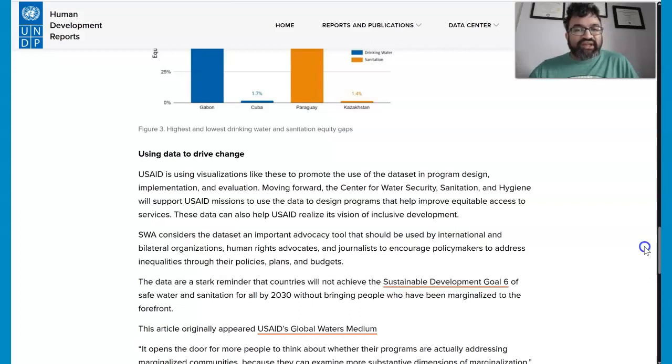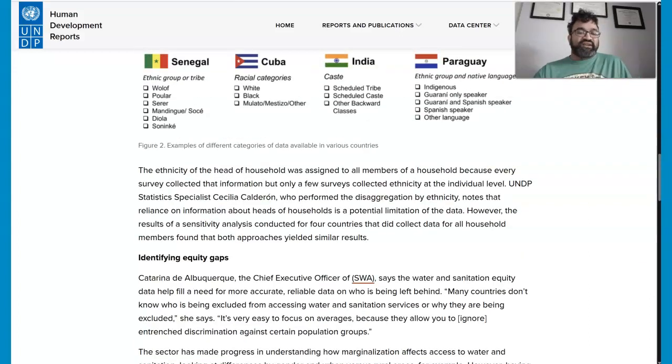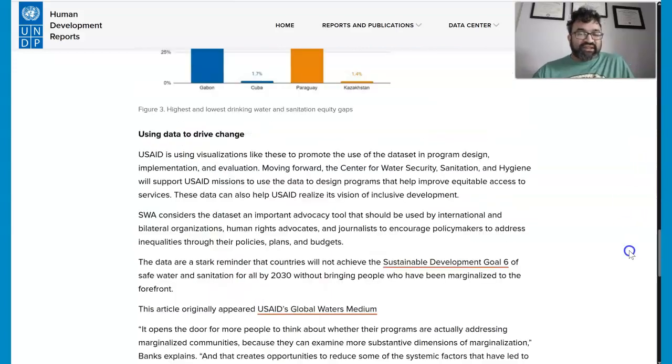This is all an indicator, and I've written a lot about Sustainable Development Goal number 6. It indicates that for safe water and sanitation, Development Goal number 6, we have a far way to go. It's going to be a challenge to get there by 2030.